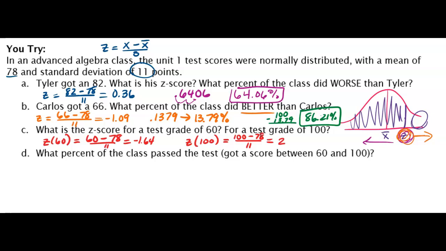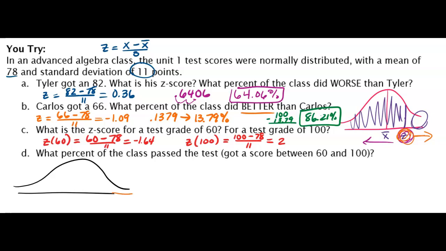Okay, so I have my z-scores, and then part D is asking me to use those z-scores. It says what percent of the class passed the test, which means got a score between 60 and 100, so at least a 60. So this is one of those tricky ones where I'm going to have to figure out what is between. So I'm going to try to draw another picture. Hopefully I won't make it worse. All right, so we have our z-scores.